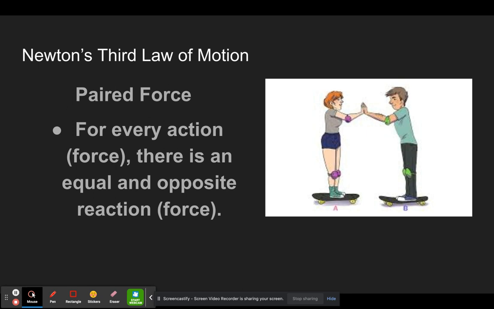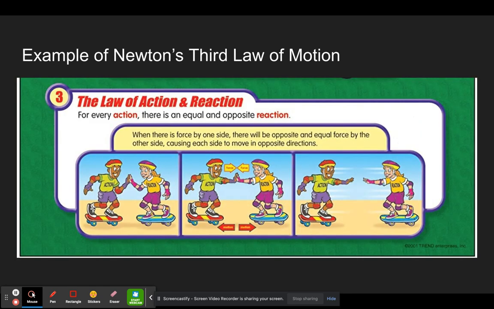The third law of motion is paired force. For every action, basically a force, there is an equal and opposite reaction. If you were skateboarding, as the image shows right here, when the two people put their forces together, they're both pushing themselves forward.